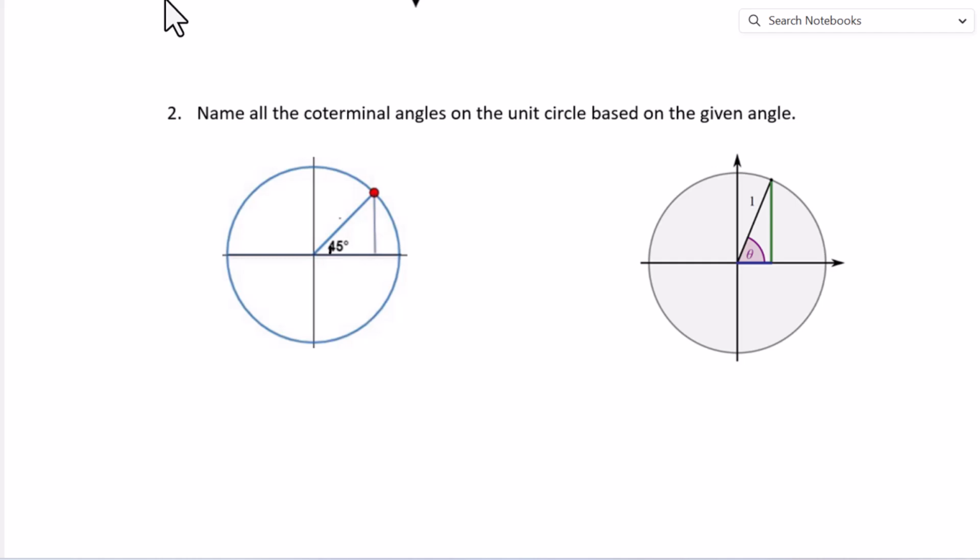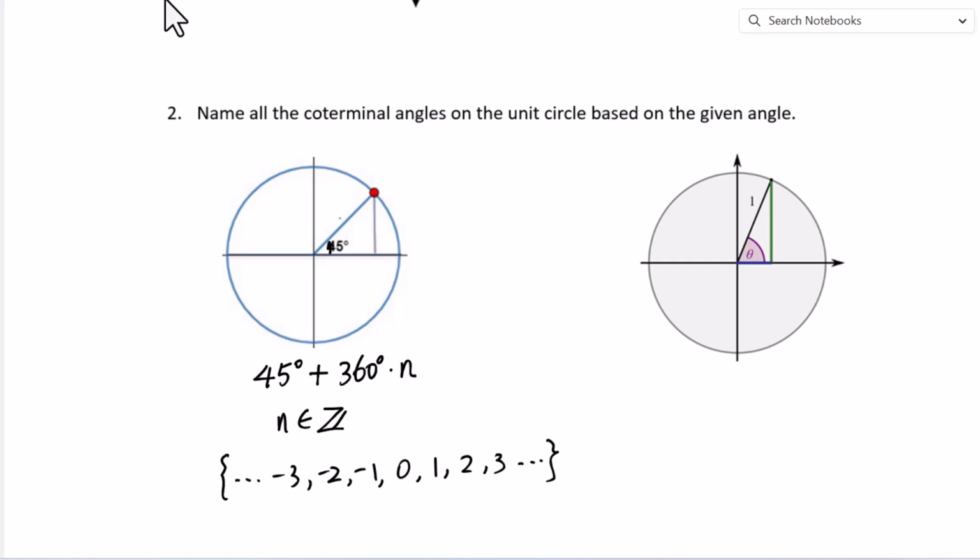This is a 45 degrees. 45 degrees plus 360 degrees times n. This n is all integers. All integers include negative integers.